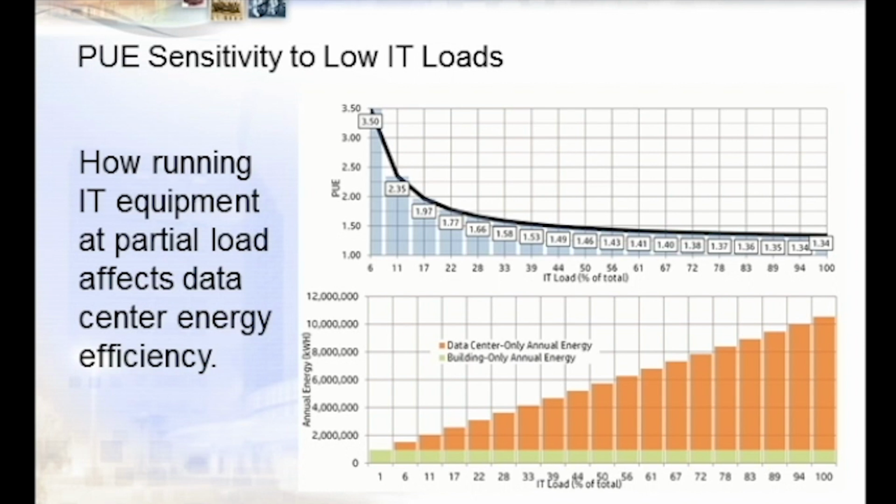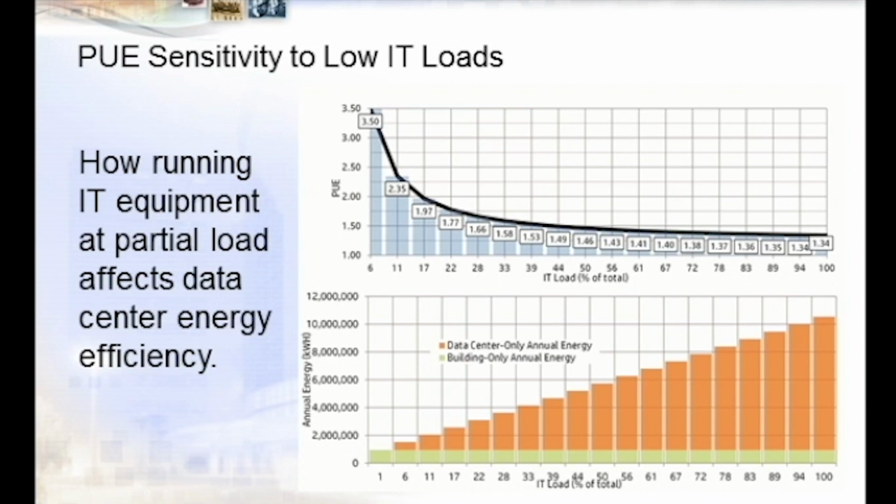So when we have a very small IT load, the PUE goes extremely high. We've had customers come to us trying to understand why their PUEs are so high after their facilities were just opened. And when you take a look at it, you understand that you have a lot of base level loads that are running and consuming energy, but really no IT load.